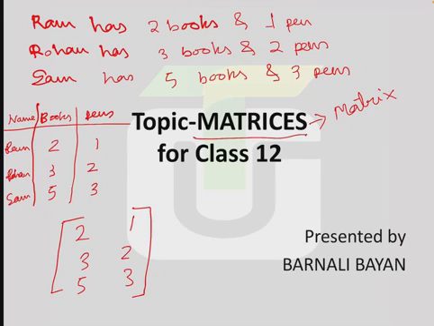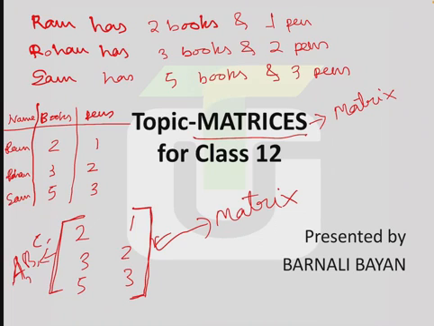So this type of arrangement, or display of any kind of data in this format, is called a matrix. A matrix is generally represented by a capital letter, it may be A, B, C, X, Y, Z, whatever, but we denote it as a capital letter. So this is the basic concept of a matrix.